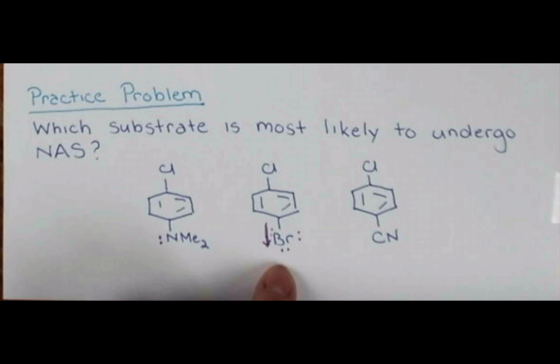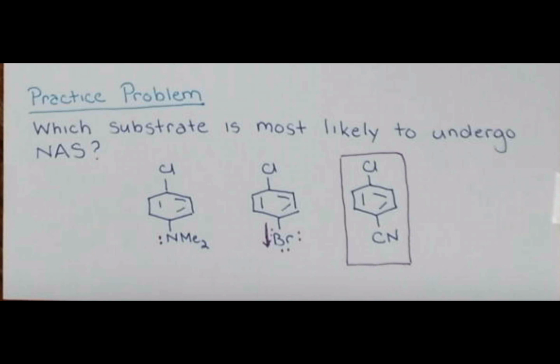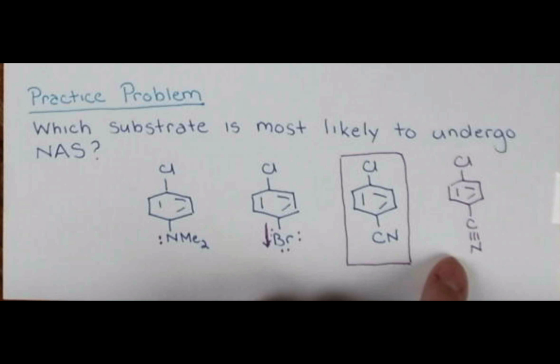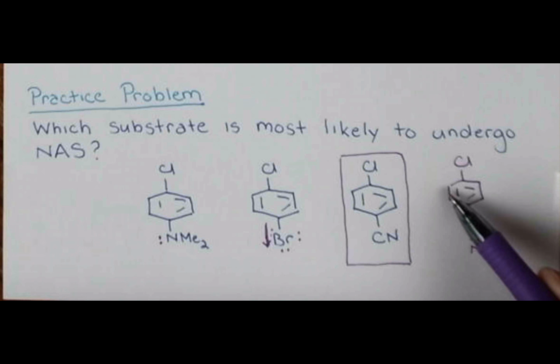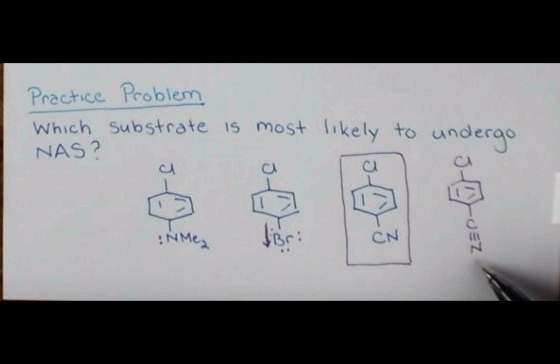So this isn't the most awesome electron withdrawing group since it just has the inductive electron withdrawing effect. Our winner is going to be the nitrile here with the cyano group on it. If we draw out this structure even more, we'll see we have this extra conjugation. So when a nucleophile attacks, we can actually push electrons through this entire conjugated system.